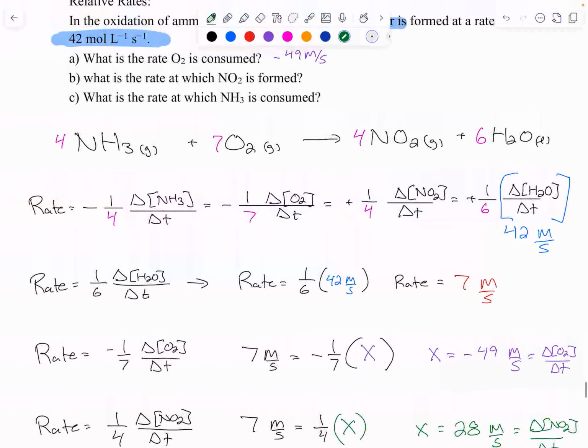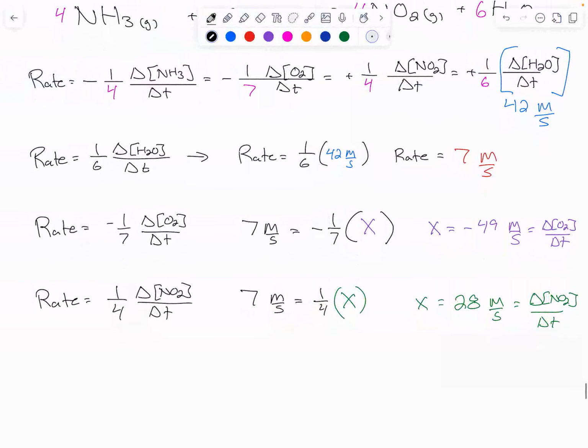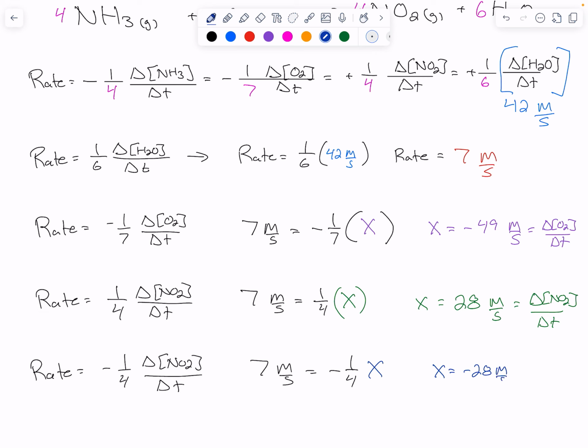So that's 28. And the rate of ammonia is -1/4 change in concentration of NH3, change in time. And so 7 molarity per second equals -1/4 of X. So that means X would be -28 molarity per second.